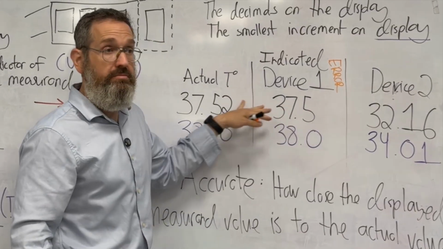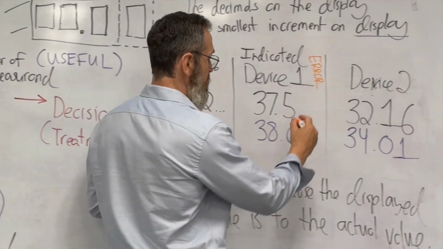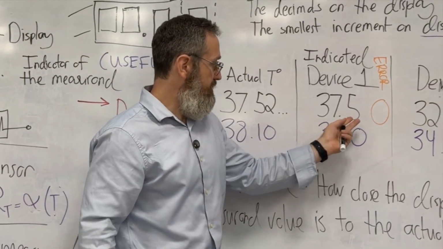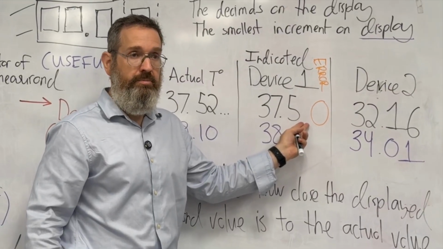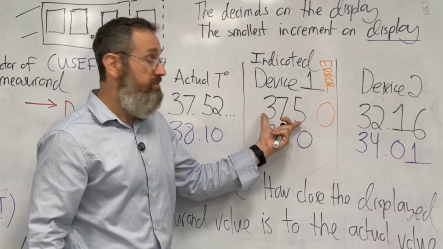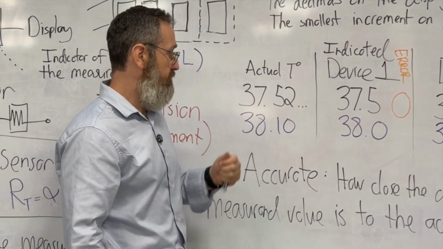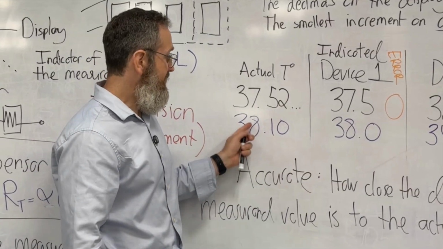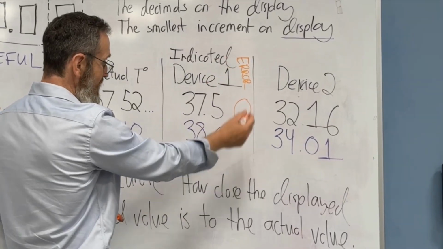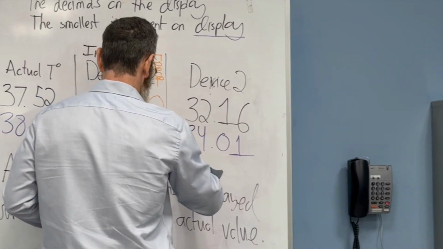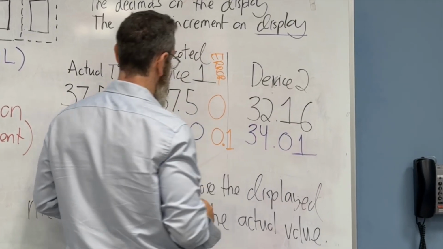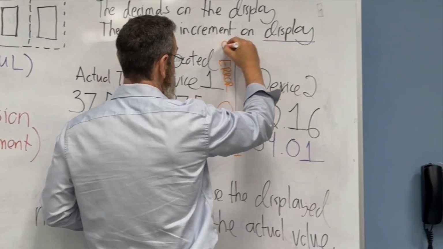In this case, I'm going to put the error at 0, even though there is a level of detail that is missing here, the level of detail that it reported is true. Hopefully it's clear because we're using different colors here for error. In this case, I would put the error as 0.1. And the error, by the way, is in degree C.